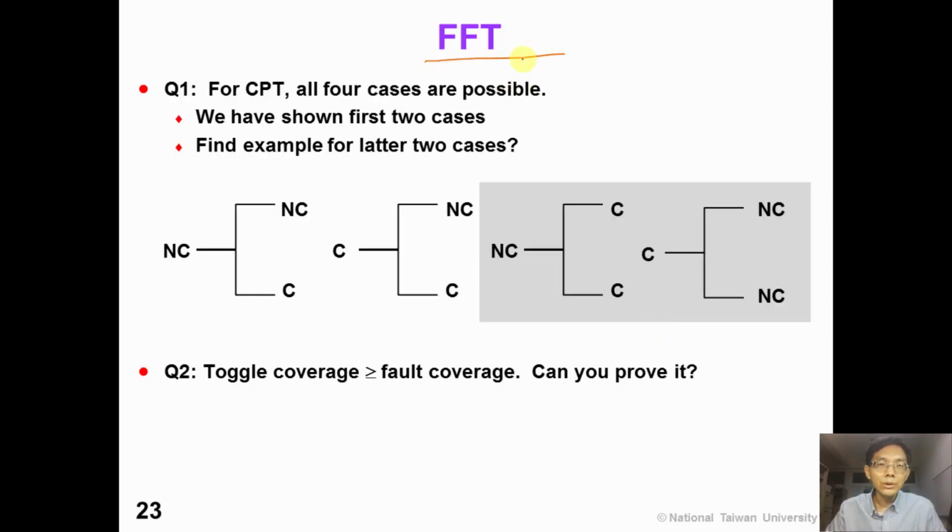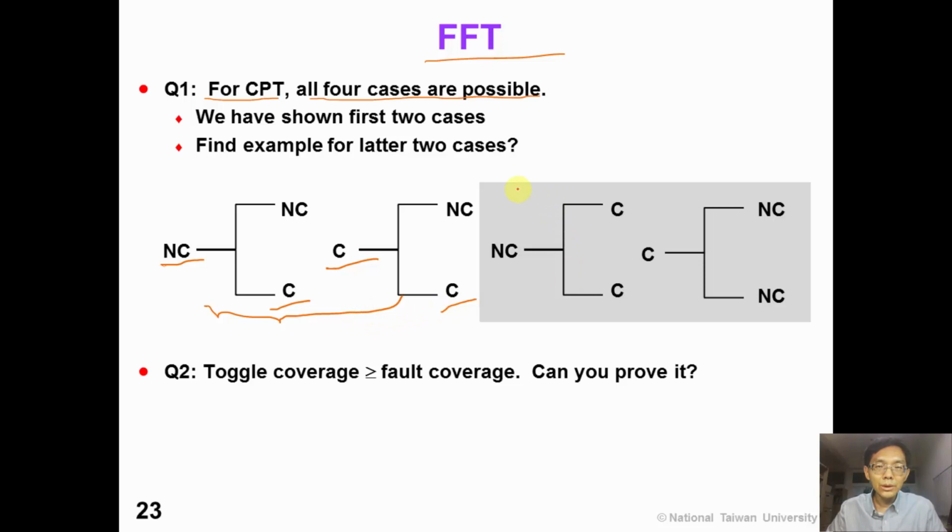Finally, we have two interesting FFT for you to think about. Question number 1. For CPT, actually there are 4 cases. For example, when one fan-out branch is critical, the stem can be non-critical. When one of the fan-out branches is critical, the fan-out stem can be critical. We have already shown these 2 examples in this video.